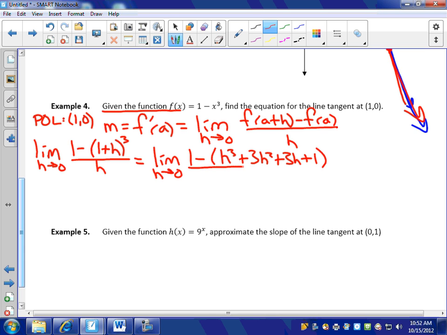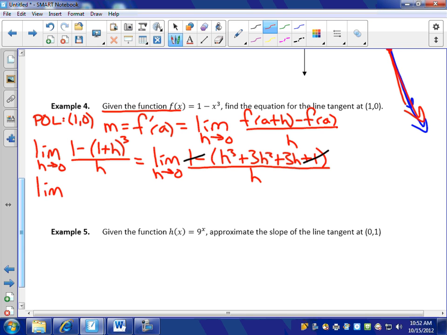Good. Rebecca and Jalen kind of had those pieces in there. Good job. You can see that we have some cancellation between the ones. F of a is 0. So those cancel.